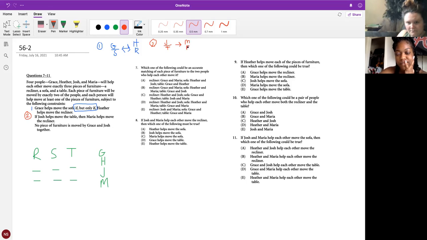Okay. And then no piece of furniture is moved by Grace and Josh together. So G and J with the line through it. All right, so now what would you do?